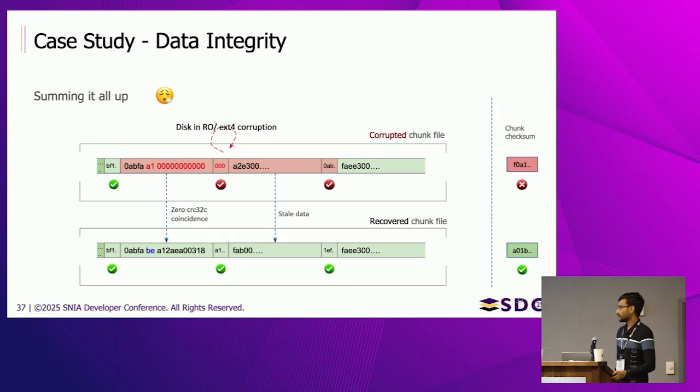So this was a two-month-long investigation into the corruption issue, discovering these interesting behaviors about ext4 and CRC32C. After this, we decided to improve our embedded inline checksum mechanism.